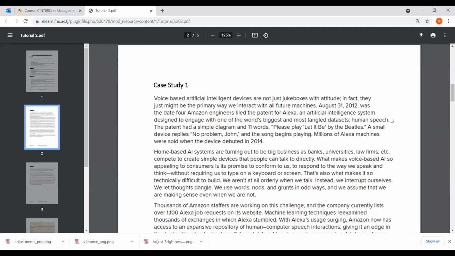If I'm in a particular room and I have the machine Alexa in there, and I command Alexa something, that machine performs those kinds of work. Okay, now how does it do that? The basic concept is the use of artificial intelligence systems. The patent had a simple diagram and 11 words: "Please play Let It Be by Beatles." Okay, so this is a song.